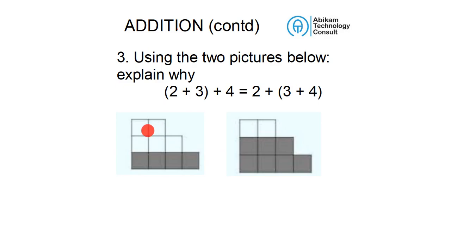So that is telling us that the color of an object does not really affect the counting of such objects. So whether we have different color or the same color, we still arrive at the same number here. If you count, 2 plus 3 is 5, plus 4 is 9. So we have 9 squares here. The same thing here. We are counting the one of the same color first.